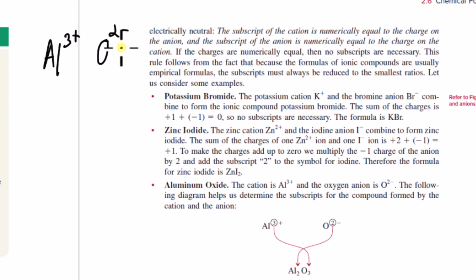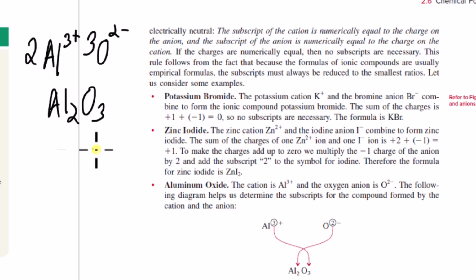That's not going to work. So all you do is multiply: I can take 2 of these Al3+ and 3 of these O2-. So now 6 minus 6 is 0. So you've got Al2O3, a neutral ionic compound between these two ions.